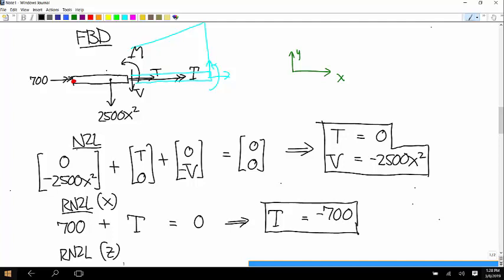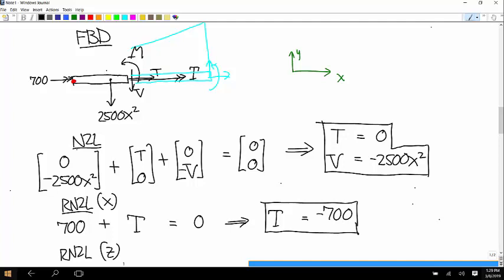And then when you went to rotational Newton's second law, the moments that you would have would be the couple and the 2500x squared with a new moment arm, I guess that would be x over 3, and it would be positive. Yeah.